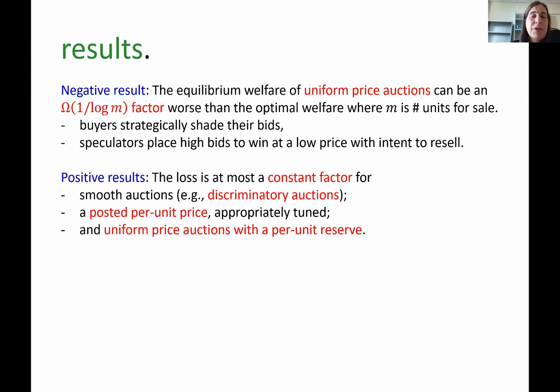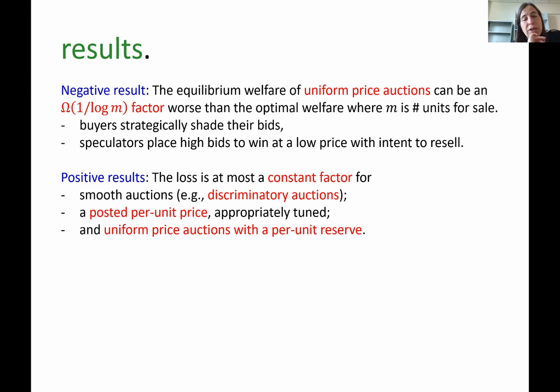I'll show you that we can guarantee that this loss is at most a constant factor under very weak conditions on the aftermarket, and in fact, even on the information structure of what types of information are leaked between the primary market and the aftermarket for certain auction formats.